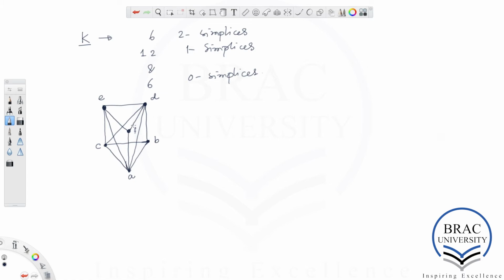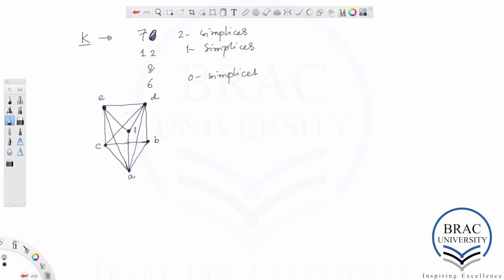So one can immediately check that there are 6 two simplices, 6 triangles. 1, 2, 3, 4, 5, 6. No, I find more. 1, 2, 3, 4, 5, 6, 7. There are 7 two simplices, right?